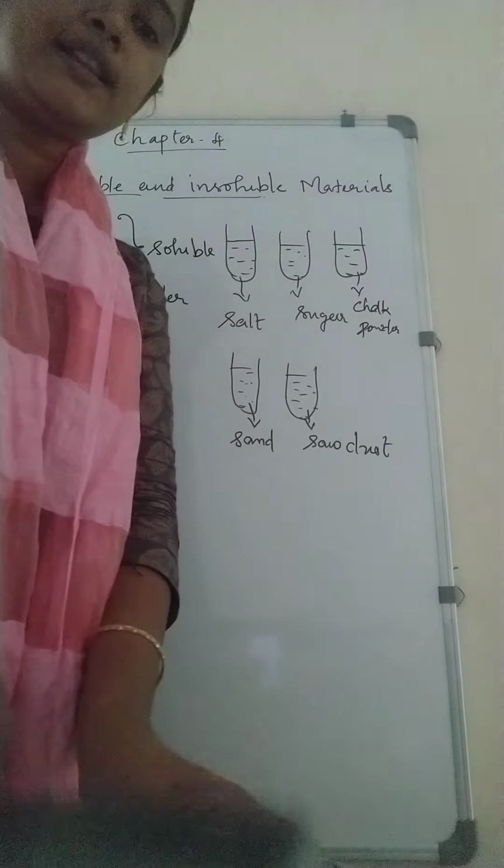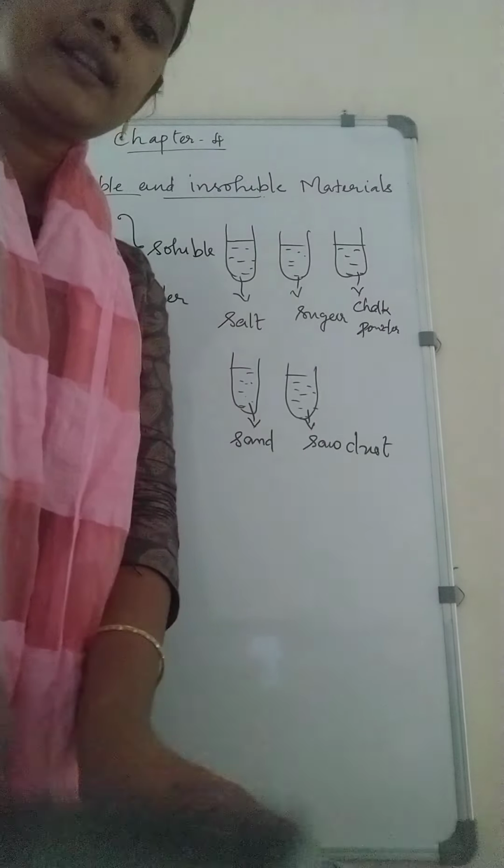In the second beaker, lemon juice. In the third beaker, oil, any oil, mustard or sunflower. In the fourth beaker, kerosene. Instead of kerosene we can use petrol, diesel, etc. Using a spoon, we are stirring all the beakers.